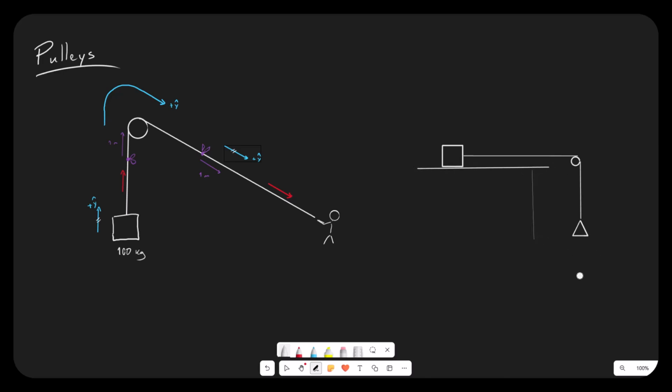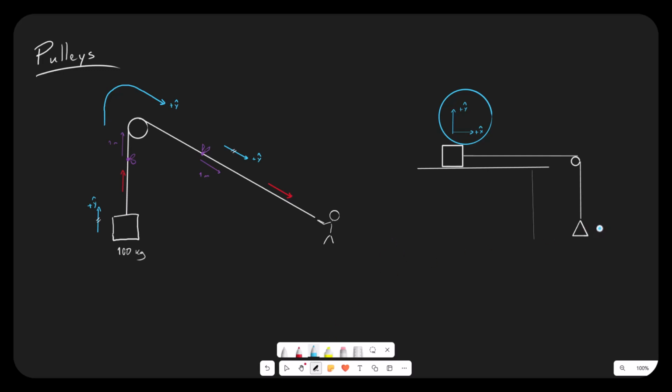So as this mass moves downward, this mass will move to the right. When I draw a free body diagram for this mass over here, I would have my positive x-axis this way, because that's the direction of motion. And that makes my positive y-axis this way. So a free body diagram for this guy is going to have those axes.